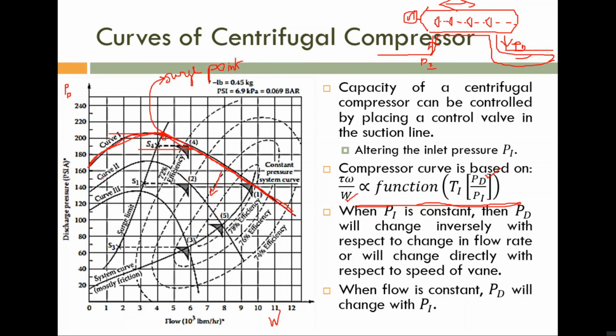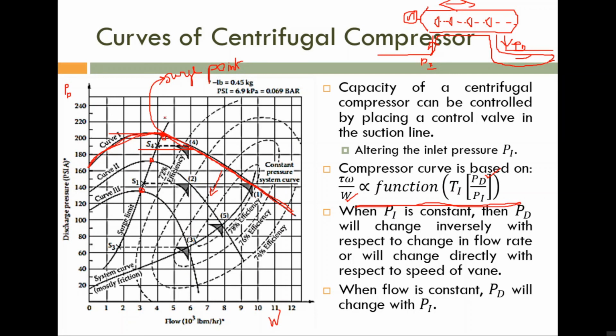So what is happening to curve 2 and curve 3? You can see that for curve 2, this is a surge point. Why? After the surge point, we have negative slope, means we have stable region. We can transport fluid from this point to the next point. Then for curve 3, this is the surge point, means from this point onwards we have stable region.